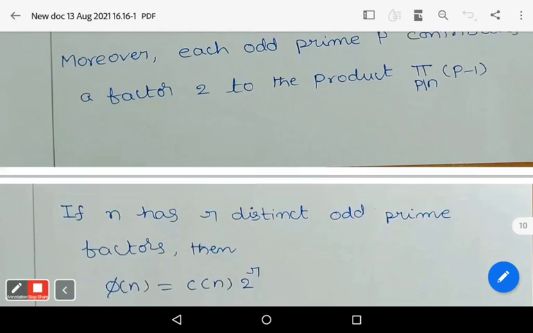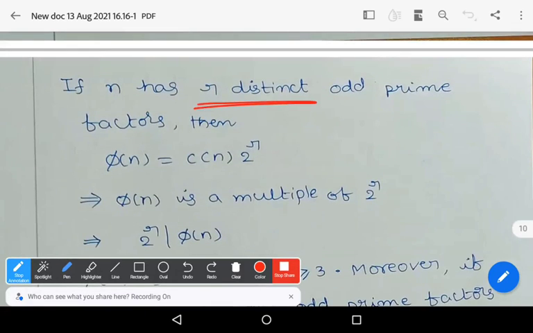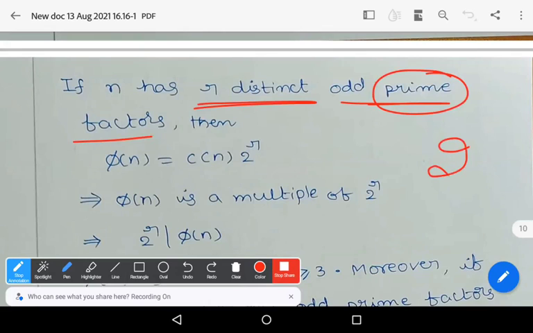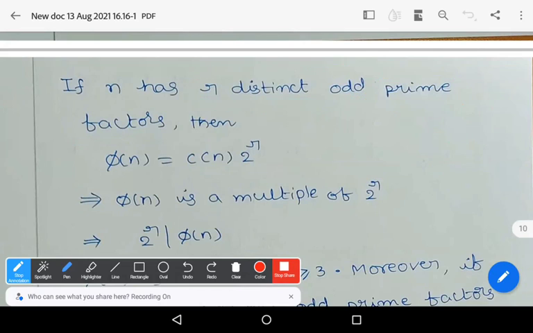Now in our statement n has small r distinct odd prime factors. We already learned that for each prime there is a 2. Here we have r distinct odd primes, so we have 2 power r as a factor. Therefore, pi of n can be written as c of n into 2 power r.